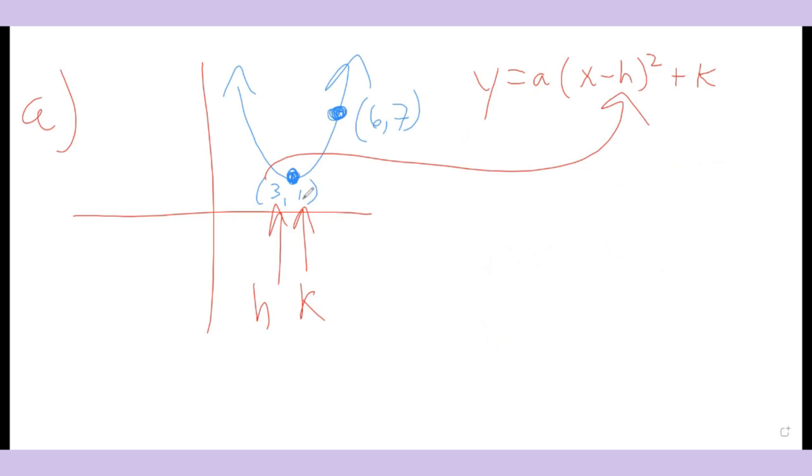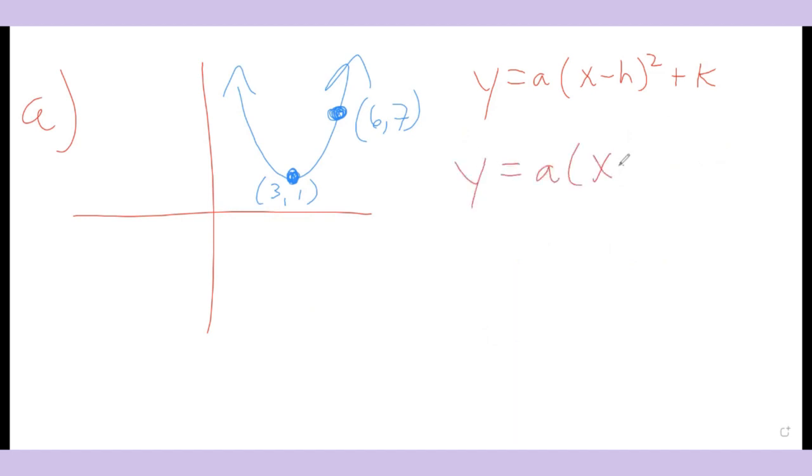Take the y coordinate of the vertex and plug it in for k. Let's actually do that first. So let's take the (3, 1) and plug them in for h and k. So our equation would then look like y = a(x - 3)^2 + 1. The only thing left to do is discover the value of a.